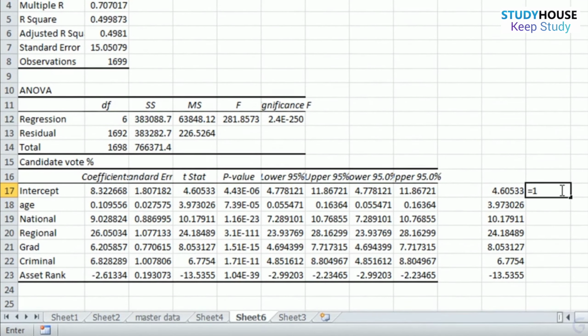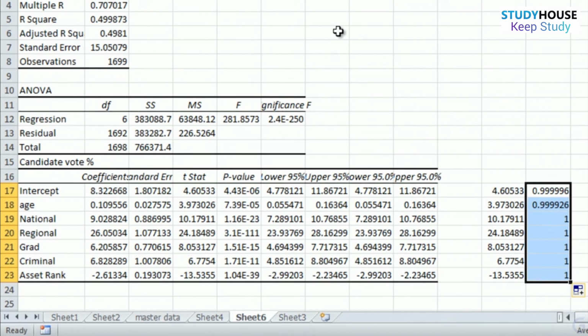I will do a 1 minus the probability value reported to get the significance level, and I find that each one of them is significant at a very high level, at almost 99% significance level, which means all the 6 variables which I have used have some role to play or significantly explain the vote share a candidate is going to get.